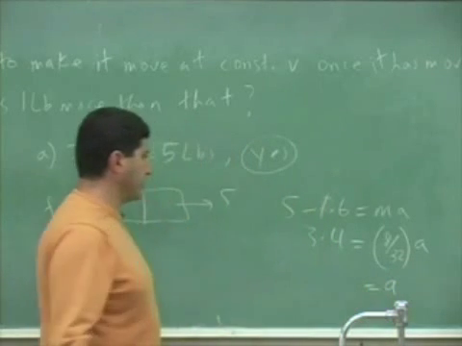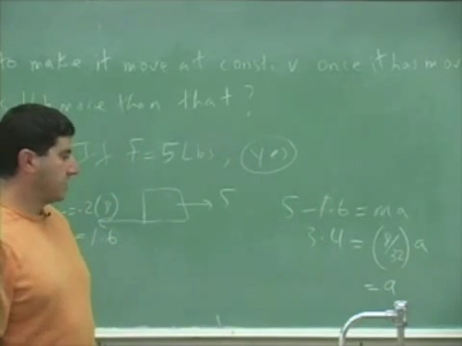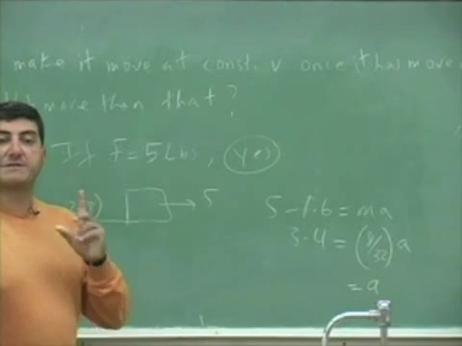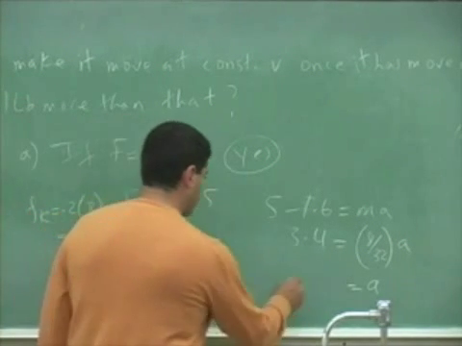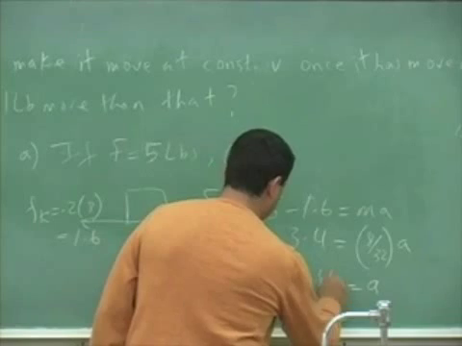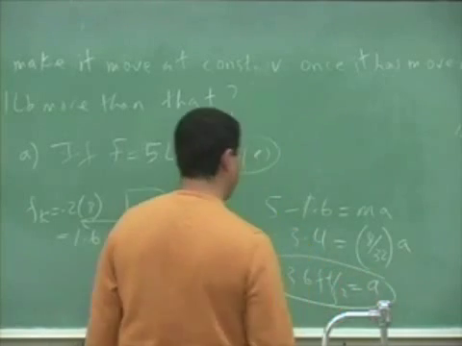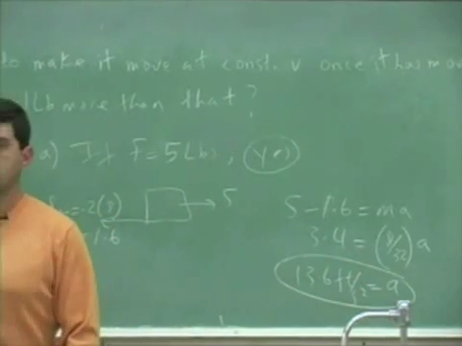So the acceleration is going to be what? 3.4 divided by 1/4, it's going to be 13.6, and it's feet per second squared.